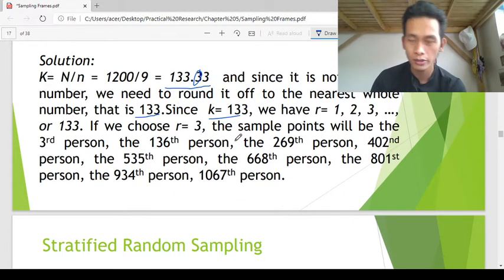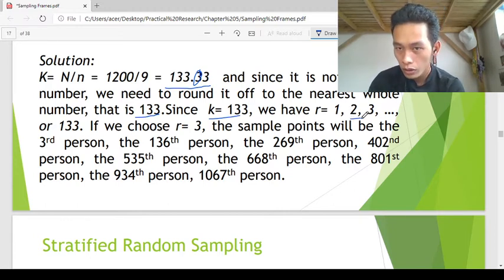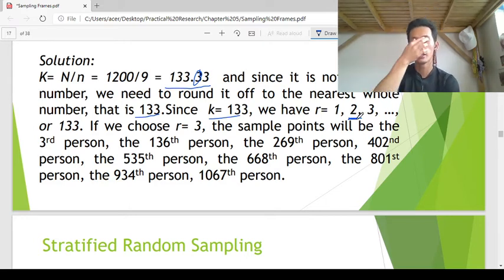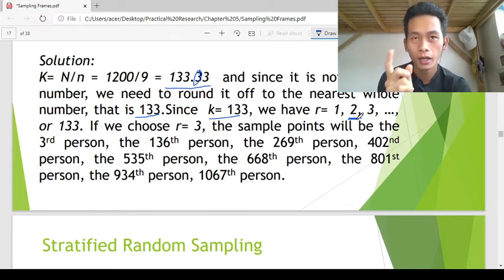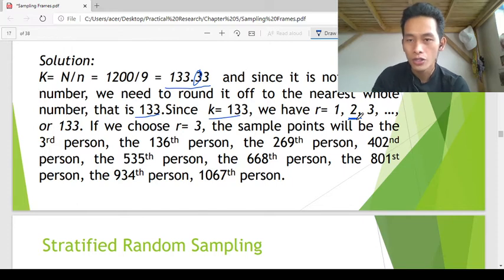So k is 133, so you can start from 2. You cannot start from 1, because 1 should be less than R. So R should be greater than 1. So you can start from 2, 3, up to 133.